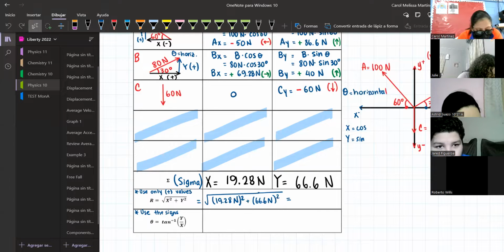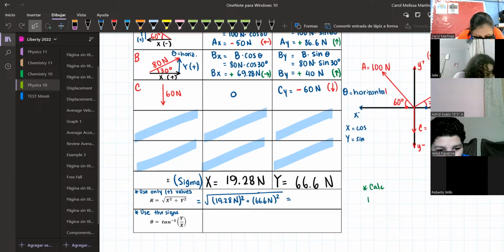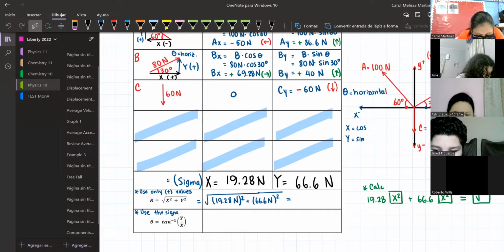In your calculator, this is what you're going to do. 19.28 square plus 66.6 square equals, then you will press the key for the square root and then equal.